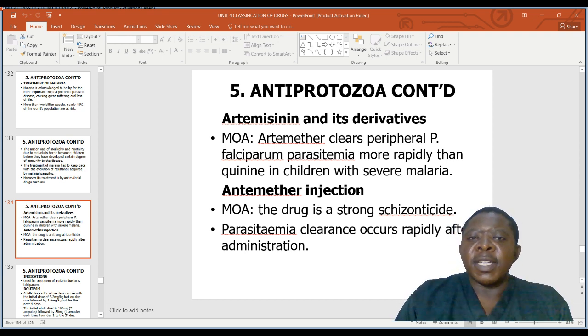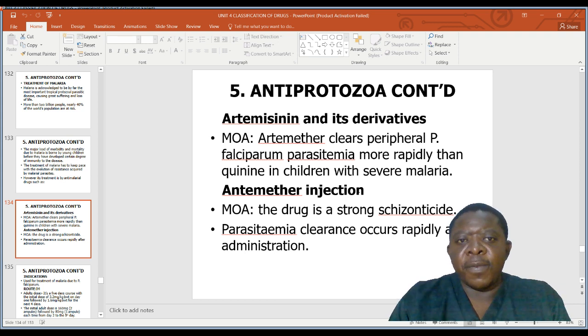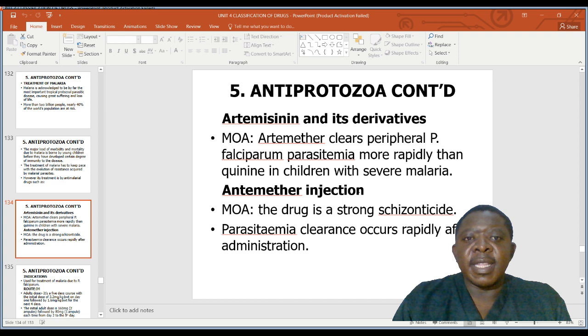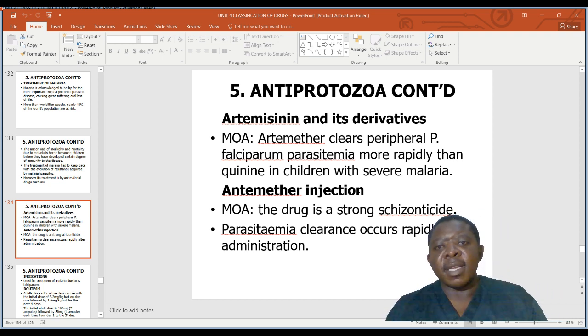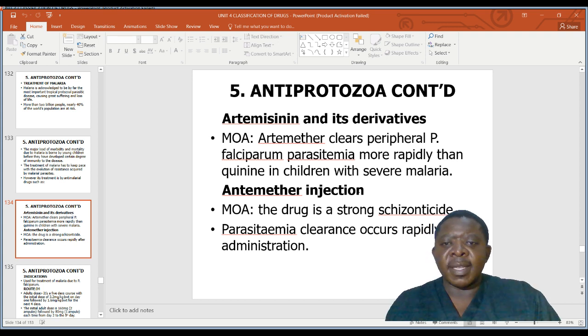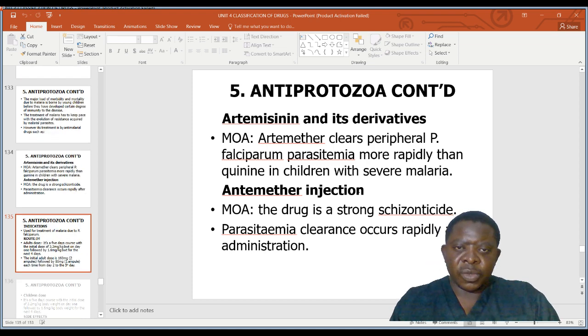Mode of action of artemether: it clears peripheral parasitemia, falciparum parasitemia, more rapidly than quinine in children with severe malaria. And artemether injection can also be given. The drug is a strong schizonticide. Parasitemia clearance occurs rapidly after administration.